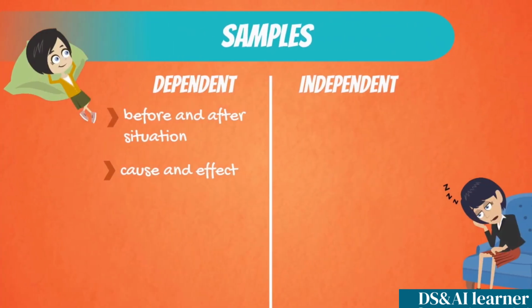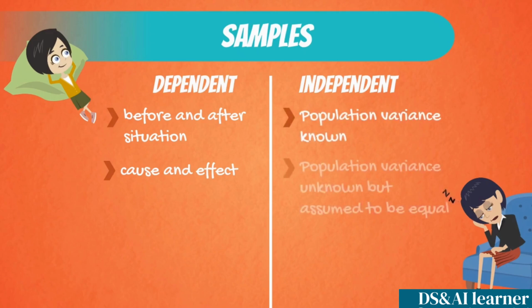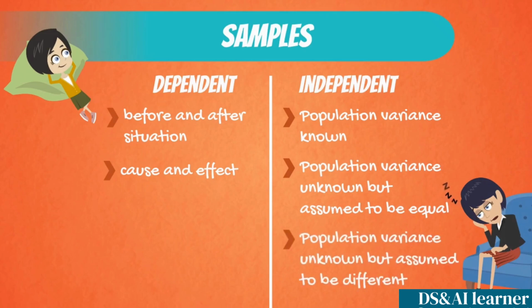When we have independent samples, we can further distinguish three cases: when the population variance is known, when the population variance is unknown but assumed to be equal, and when it is unknown and assumed to be different. Sounds a bit overwhelming, but don't worry. In statistics, many concepts are similar to each other, and you will quickly see that you have already acquired the intuition that allows you to understand these concepts pretty fast.